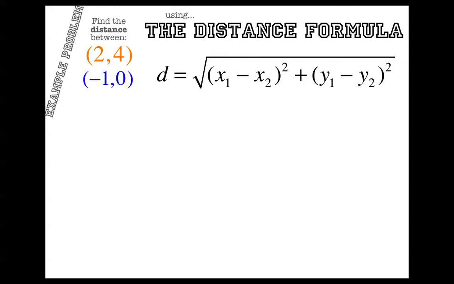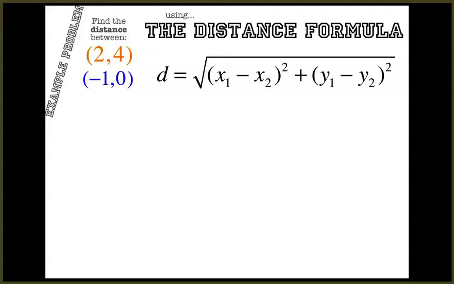So now we're going to go ahead and plug those numbers in where they belong. We said that the 2 goes here, the -1 goes here, and then the first y-coordinate goes here, and the second y-coordinate goes here. So all I really have to do now is put those numbers in there.